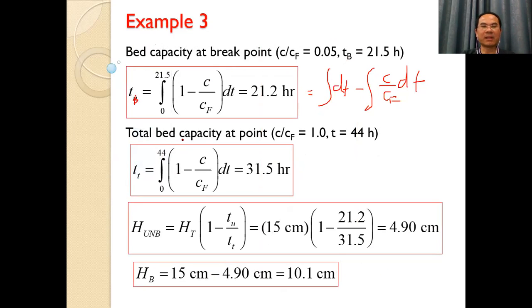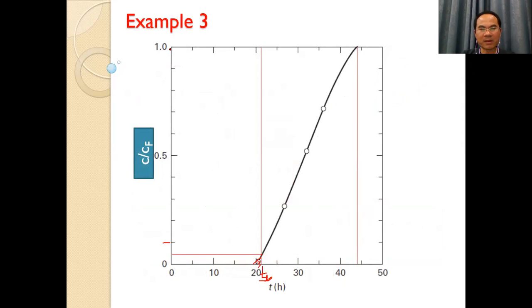The second one is the total bed capacity, at the point where C over CF equals 1, at 10% or approximately 100%. Is it about 1? You get this is TE. You can approximate it as 95%, or for this case we use 100%. Don't worry, it's okay for 100%.